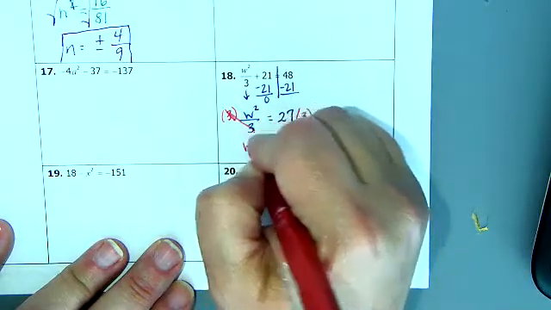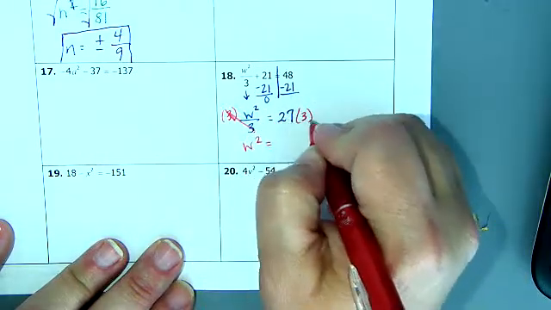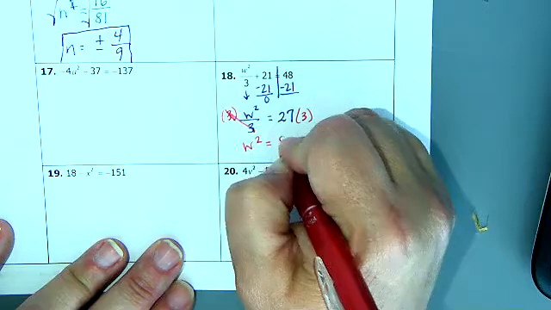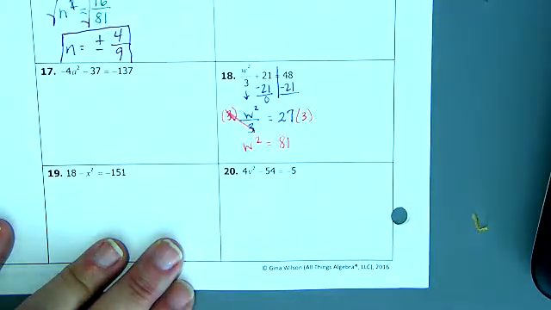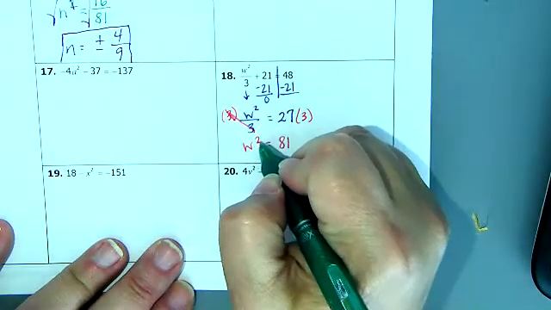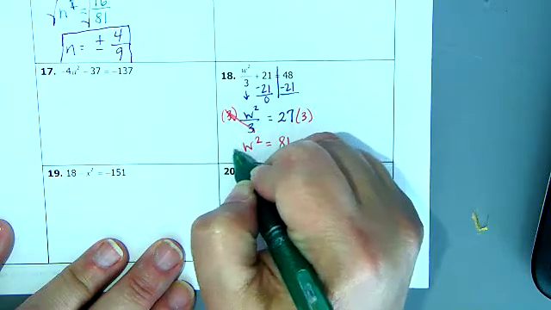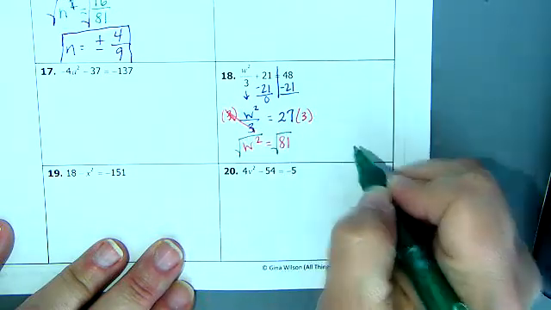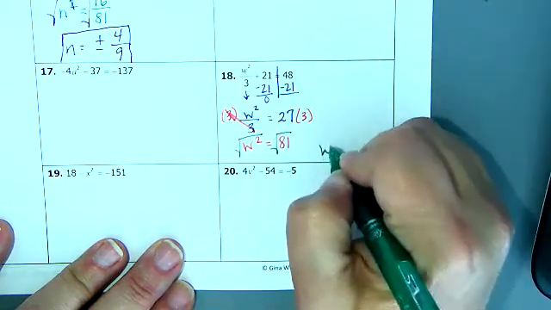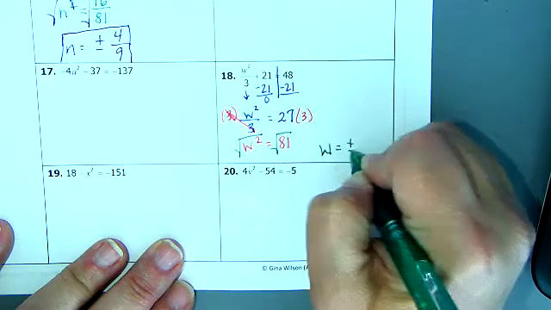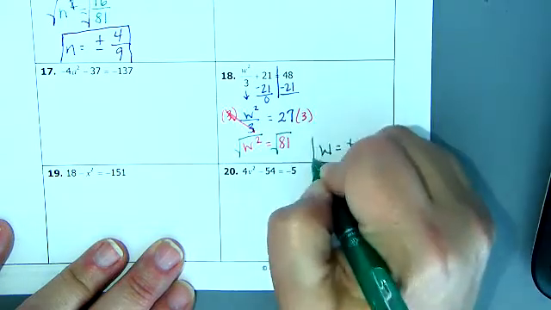So now I have w squared equals 27 times 3, which is 81. And now I need to cancel the squared. So I'm going to take the square root of both sides, which gives me w equals positive or negative 9.